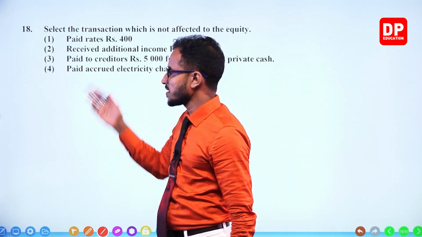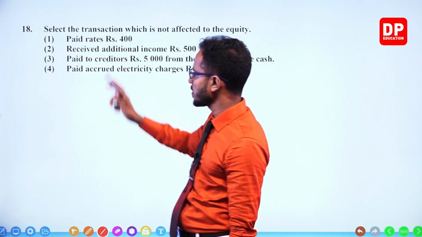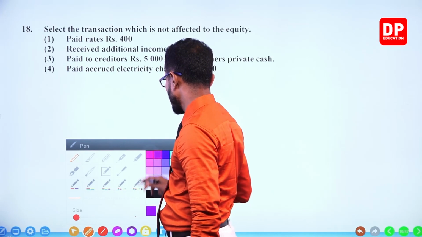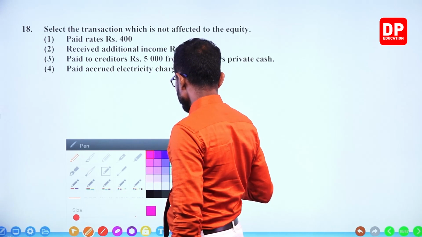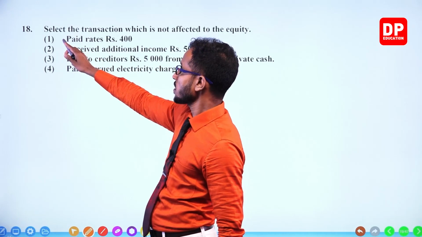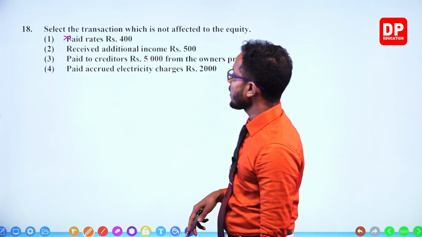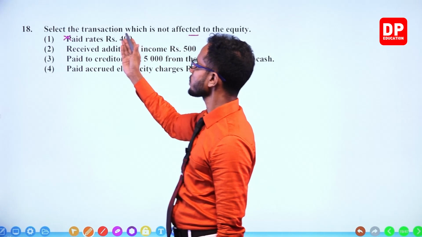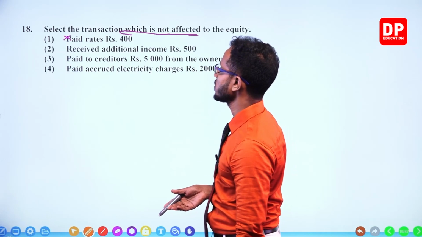This is an expense, so it actually affects equity. Can't take this. Which does not affect equity?